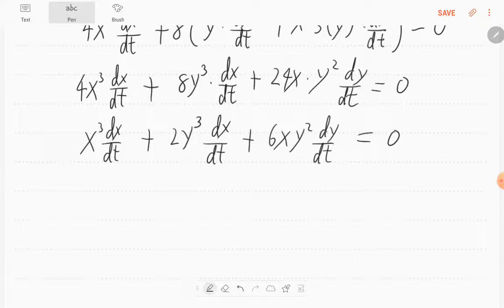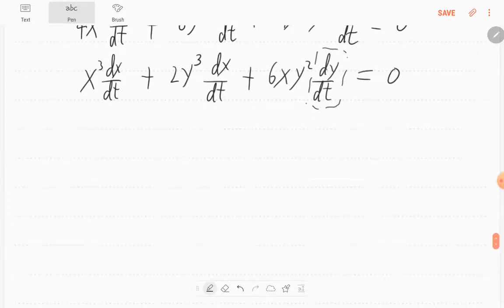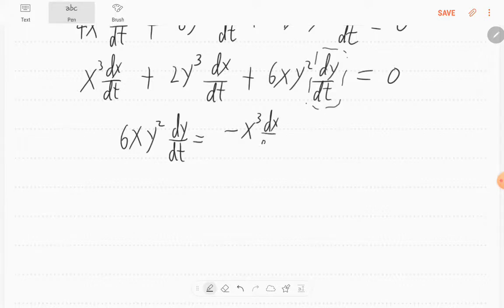So remember, the question asks you to find dy over dt. So let's solve for dy over dt. We move the other two terms to the right side. So you will have 6xy squared dy over dt equals negative x cubed dx over dt minus 2y cubed dx over dt.